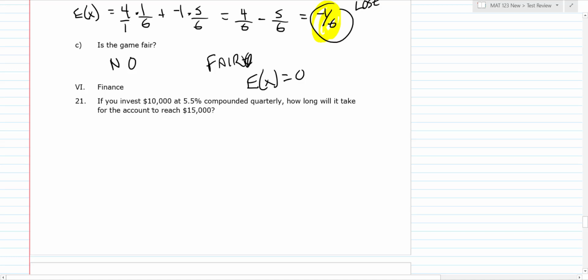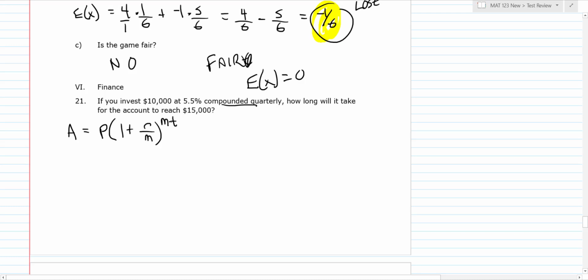So this has nothing to do with TVM. It's only going to have to do with TVM if you're talking about an annuity, future value, present value, that kind of thing. So this is compounded quarterly, so it's the compound interest formula, which is A equals P times (1 plus r over m) to the mt.